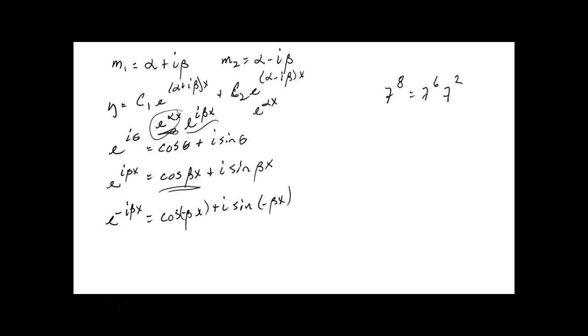Now, remember, cosine is what kind of function? Even. And cosine of beta x and cosine of minus beta x are the same values. So these are both equal to cosine beta x. But guess what this does? If you add those two, what is sine? Odd. So this is minus i sine of beta x, right?